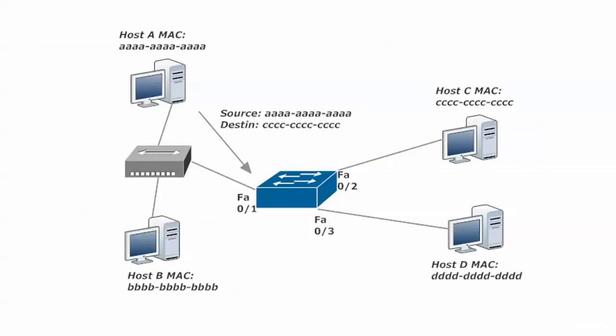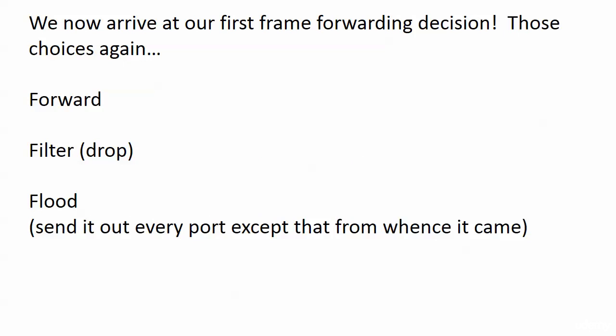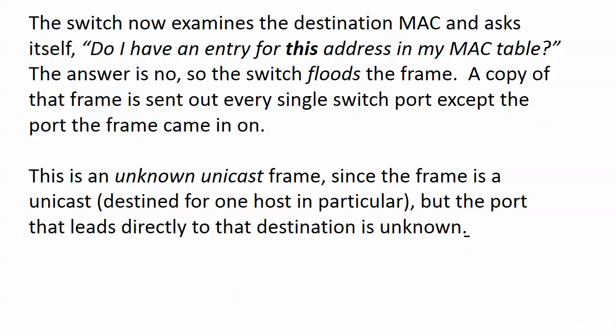So now, let me go back a bit. The destination is host C's address, and the switch has to make a decision: what do I do with this frame with the destination of host C? Those choices again: forward it, filter it, which means to drop it, or flood it, which is to send it out every port except the one from whence it came.